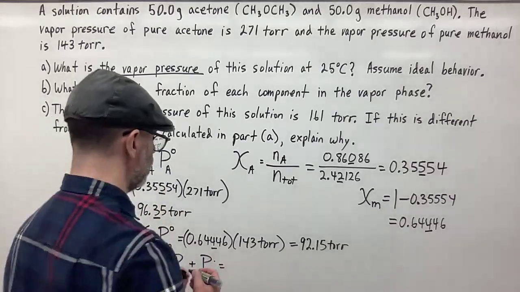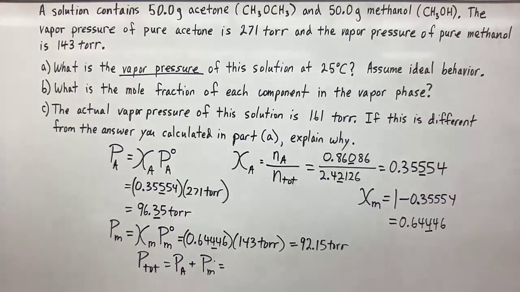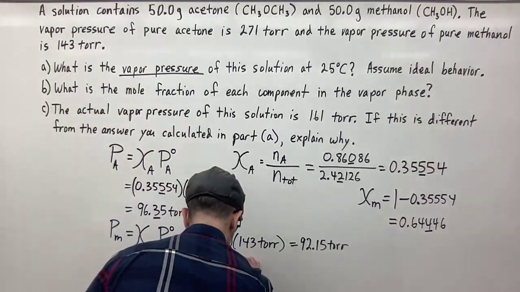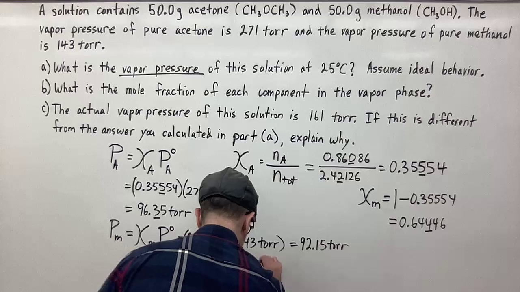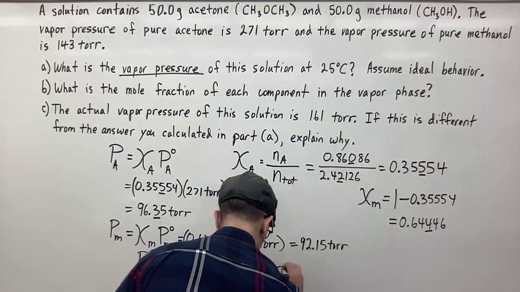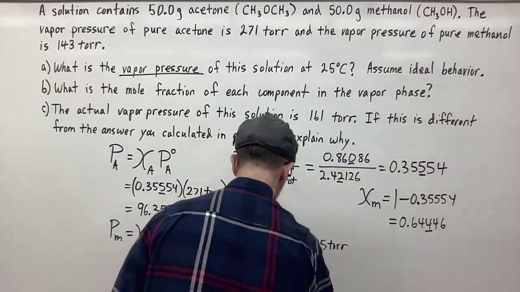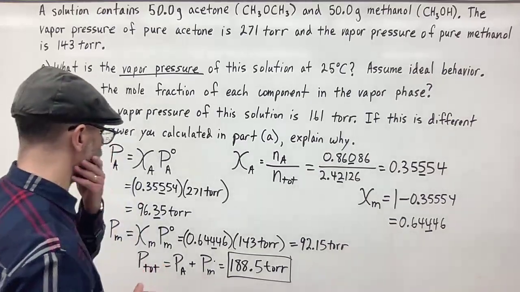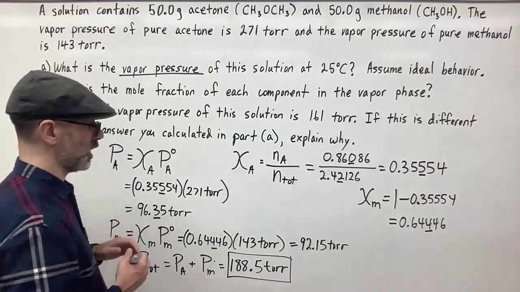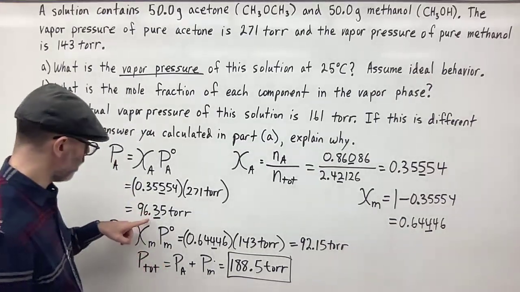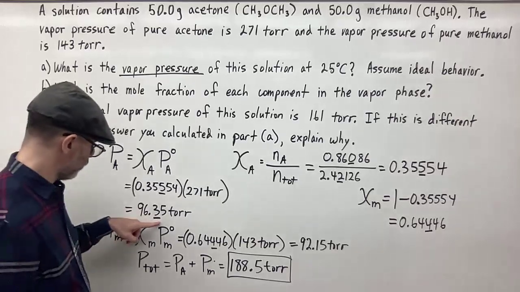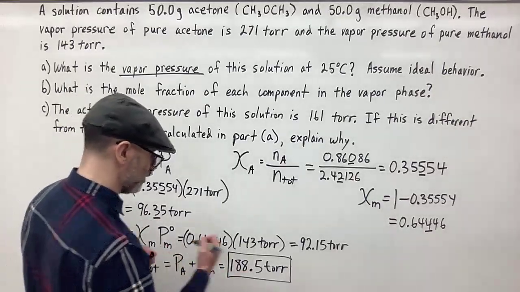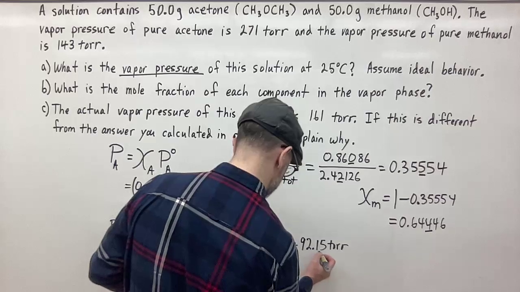Add those together, and I get 188.5 Torr total. So that is the answer for part A. Now remember, sig figs here. So here I have 3 sig figs. Same thing here. When I'm multiplying, my answer should have 3 sig figs. 1, 2, 3.